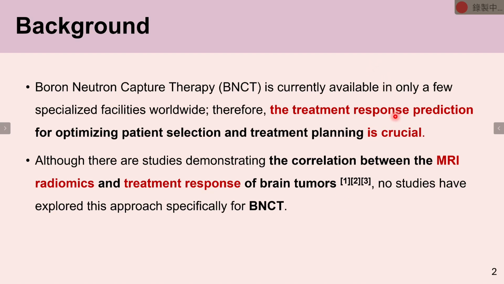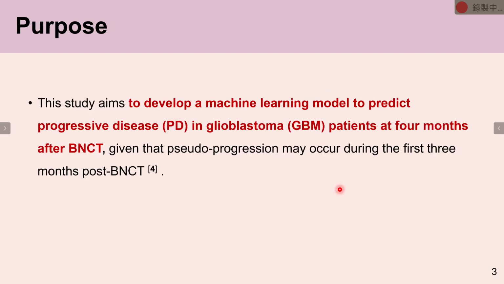So this study aims to develop a machine learning model to predict progressive disease in glioblastoma patients at 4 months after BNCT. The reason for choosing 4 months is because pseudo-progression may occur during the first 3 months post BNCT, according to clinical experience.